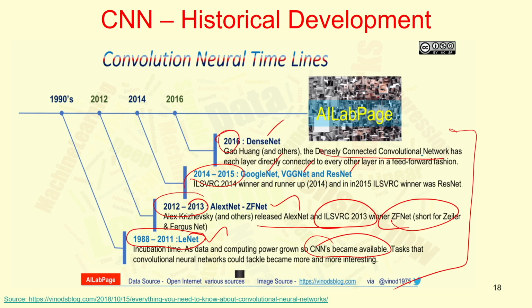All these developments occurred due to data challenge competitions, very popularly the ILSVRC, ImageNet. That is the basic idea behind the various developments in convolutional neural network models. Of course, still more models are available. This lists the major highlights of neural network model development.